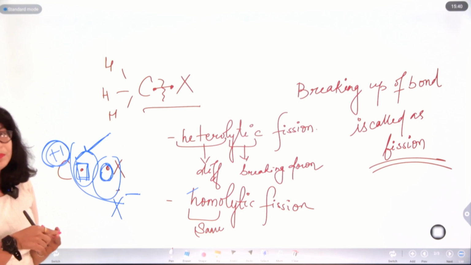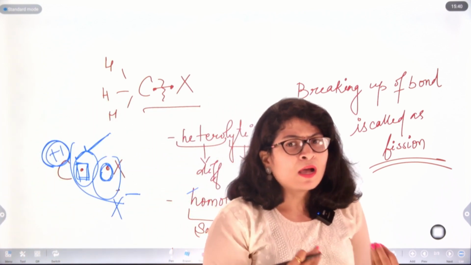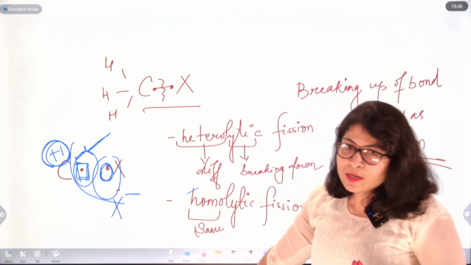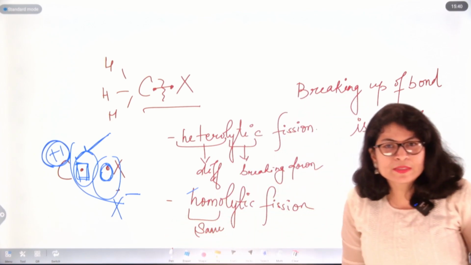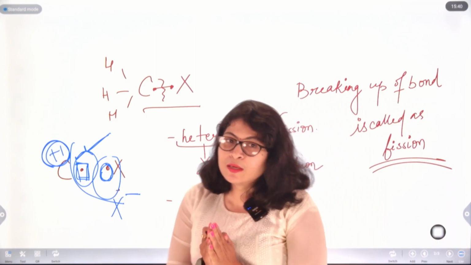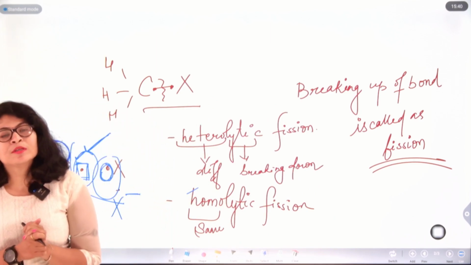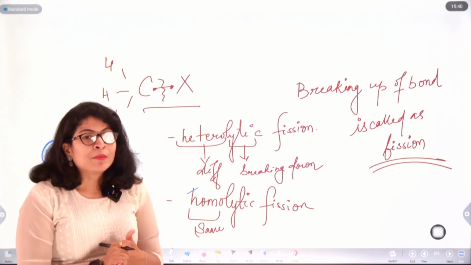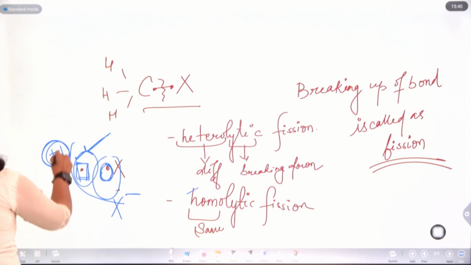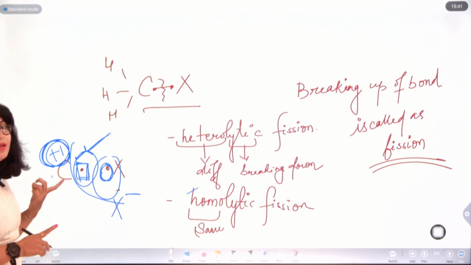So here carbon is losing its own electron, which is why carbon is getting a +1 charge. Obviously our center of study is the organic molecule, so we are not bothered about X. If X is stronger and takes away the electron pair from the carbon-X bond, then one electron is going away from carbon and carbon is acquiring a positive charge. In that case, the carbon has a special name.